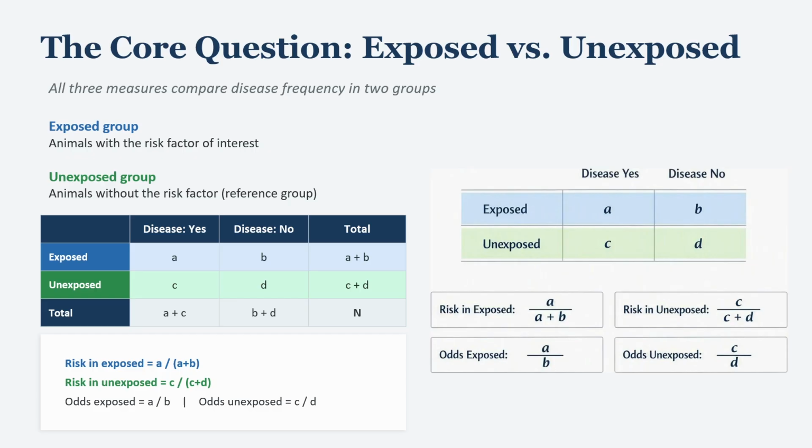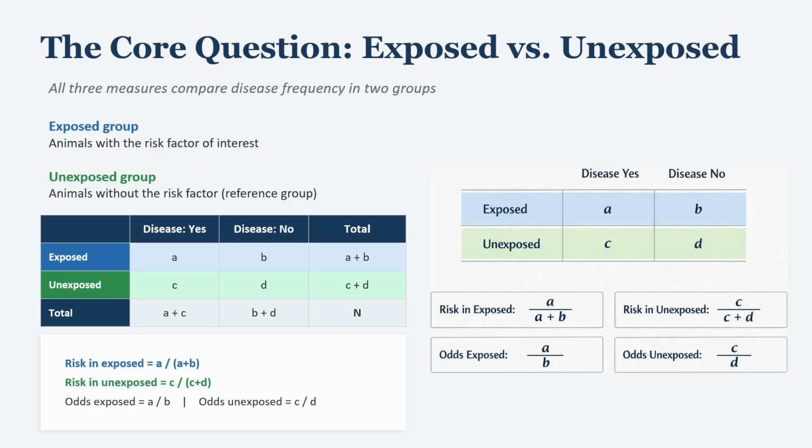The unexposed group is the reference, animals without that risk factor. Cell A, exposed animals that develop disease. Cell B, exposed animals that don't. Cell C, unexposed animals that develop disease. Cell D, unexposed animals that don't.